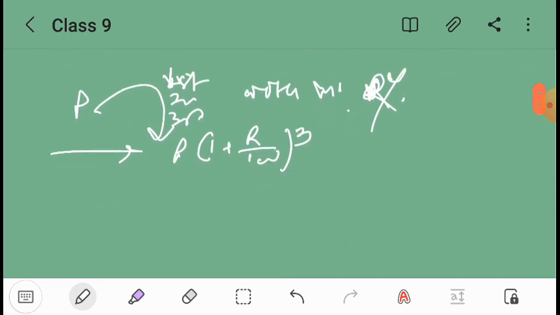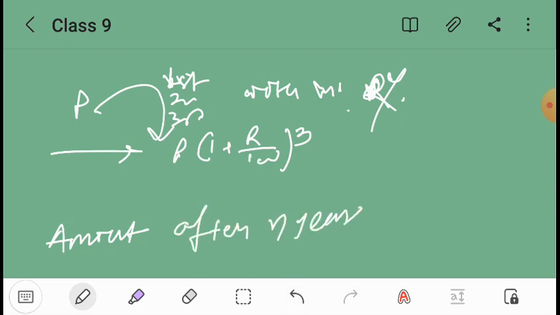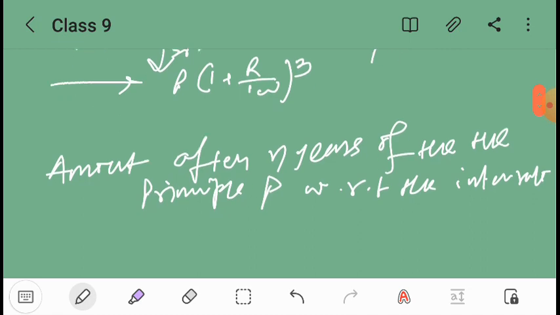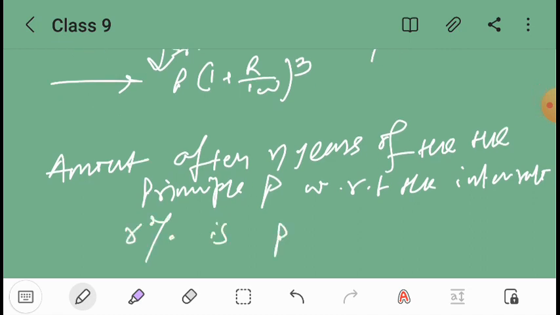So the generalized formula: the amount after n years, of the principal P, with respect to the interest rate R%, is P into 1 plus R by 100 whole to the power n.